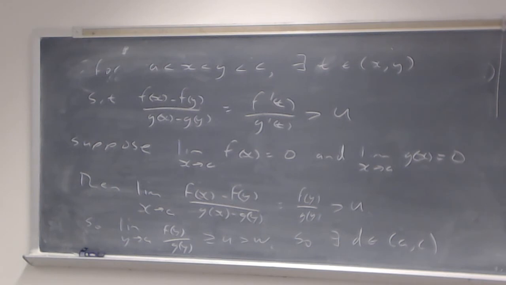Then, as we had done analogously before, keeping y fixed, with a less than y, less than c, we pick c sub 1, an element from a to y, such that g(x) is going to be bigger than g(y), and g(x) is going to be greater than 0.